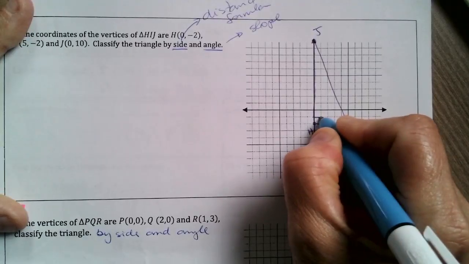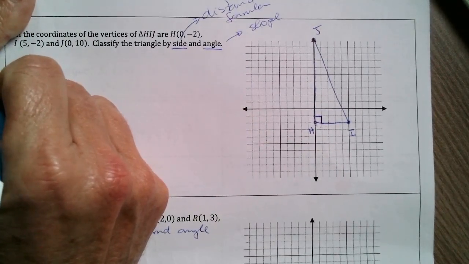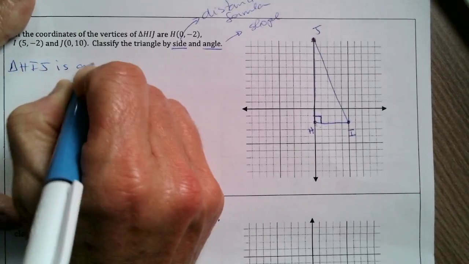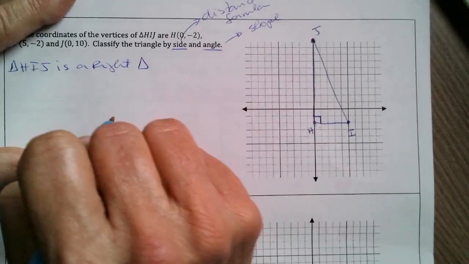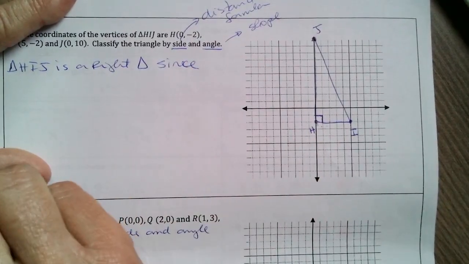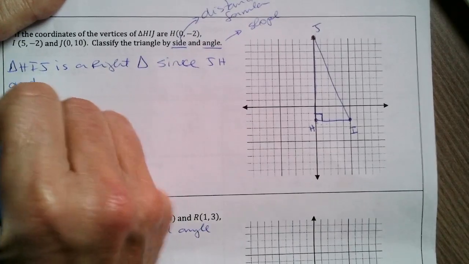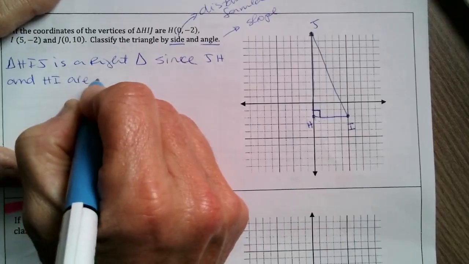But first, let's go ahead and say that triangle HIJ is a right triangle, since JH and HI are perpendicular.